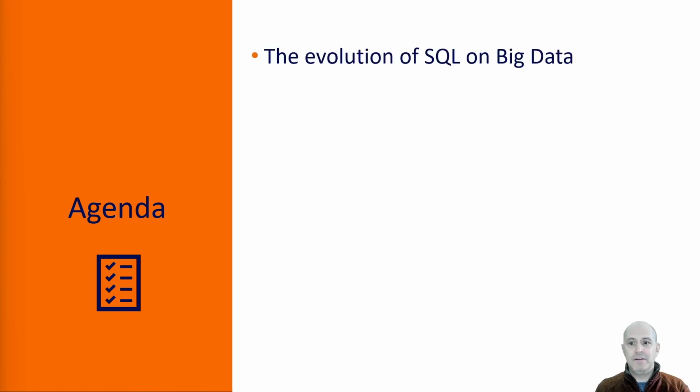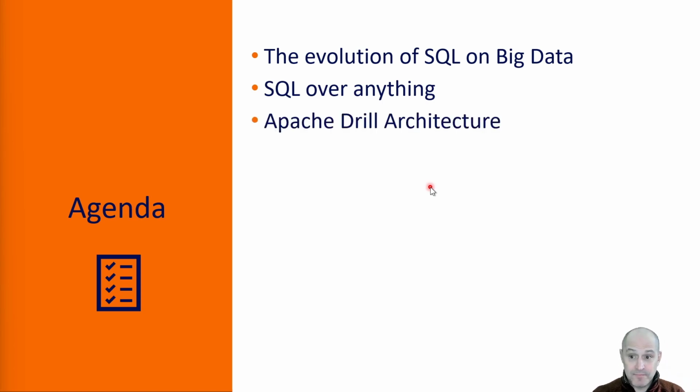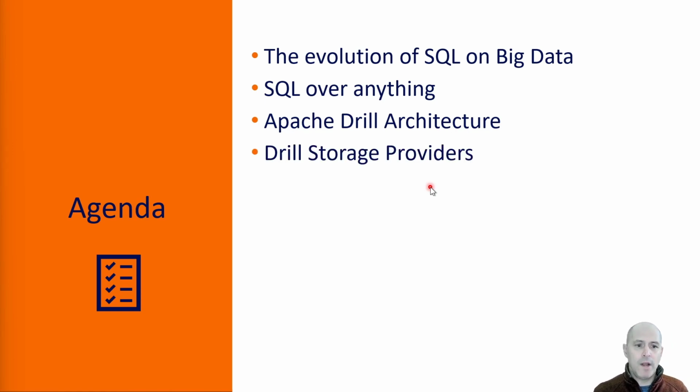So here's our agenda. We'll talk about the basics of big data, where we came from and where we're going, how you can run SQL over unstructured data without setting up a table, how Drill works, how Apache Drill does what it does, what a storage provider is and how a storage provider works to give you a connection to a source of data that Drill can query.